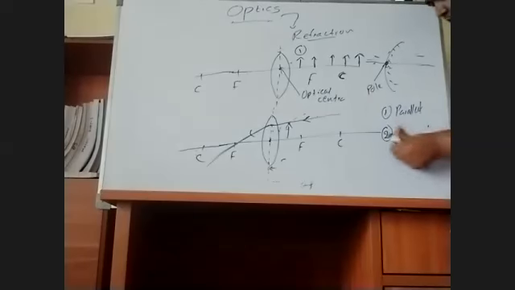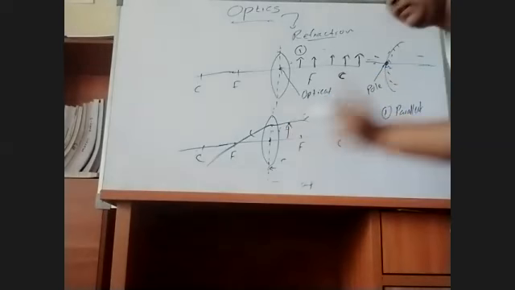Sorry, extremely sorry. The second line we should draw is through the optical center. That means the second line we should draw should pass through the optical center.